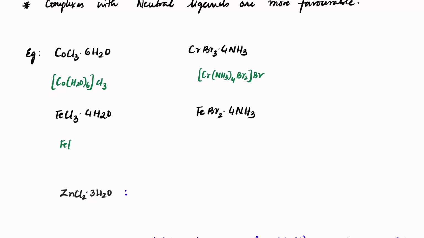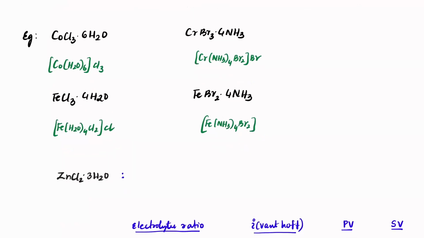Here, iron with H2O4 and 2 Cl inside and 1 Cl outside. This is one representation. Iron with 4 ammonia and Br2. This is one representation. See, somehow I'm trying to fulfill the coordination number 6 inside the complexes.